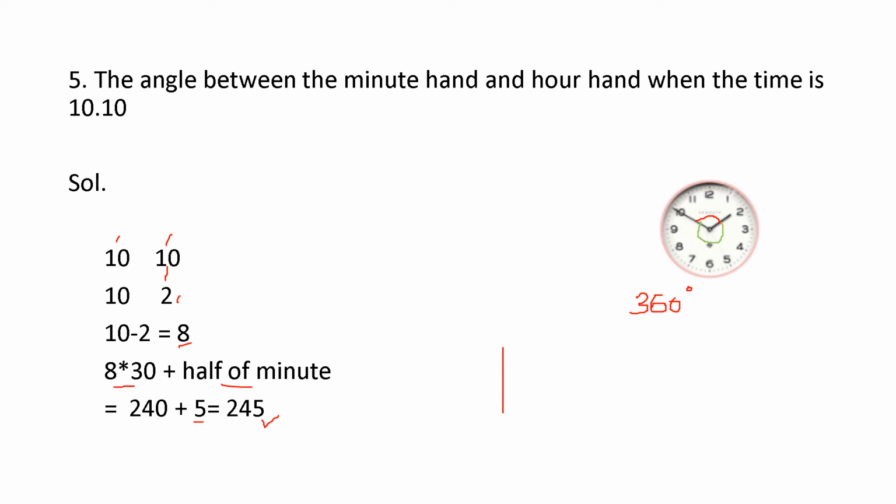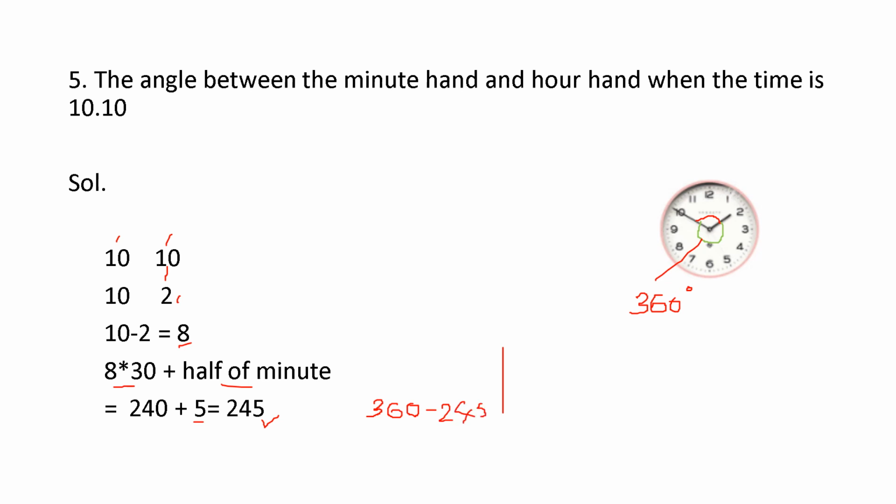Here 245 is this green angle. And then one more is there, and that can also be in the options. For that, how do we find it? 360 minus 245. Okay, is it clear?